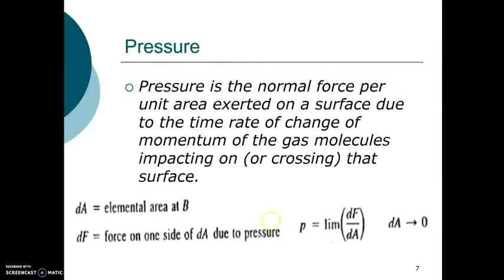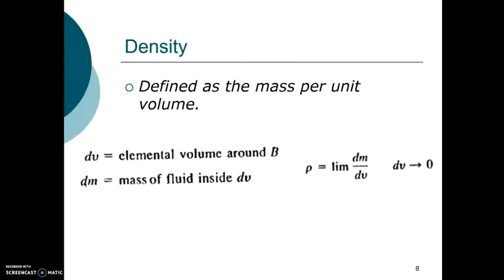Pressure is usually defined at a point in the fluid or at a point on a solid surface. Pressure is also a point property. That is, it varies from point to point within the fluid. Then we proceed to look at density, and density is just the mass per unit volume.